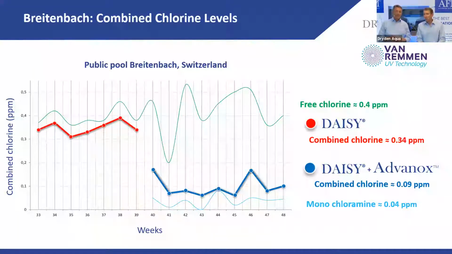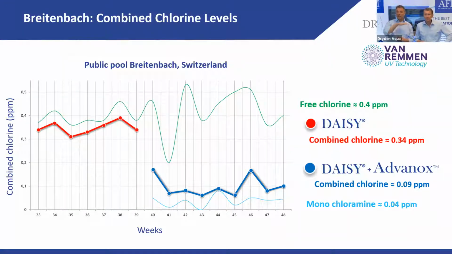Okay, results. Here's a case study from very nearby. We have the green line, which is the free chlorine, just as an indication. Then we see the red line, which is a DAISY system. You see combined chlorine between 0.3 and 0.4 ppm, with an average of 0.34. Really just concentrate on the red.